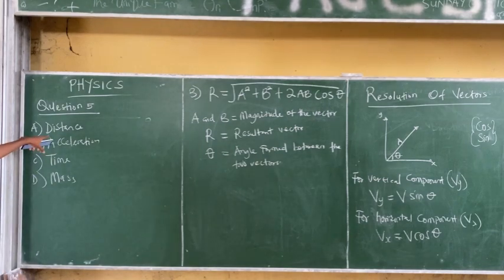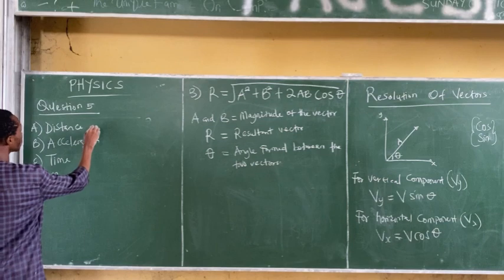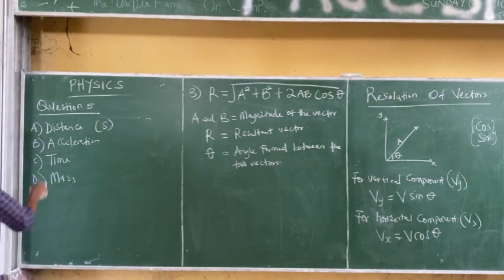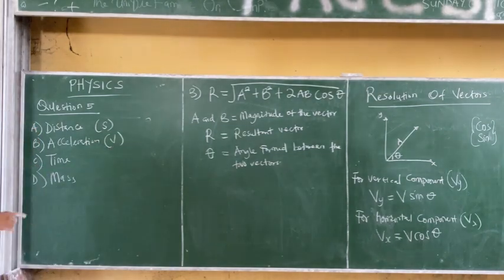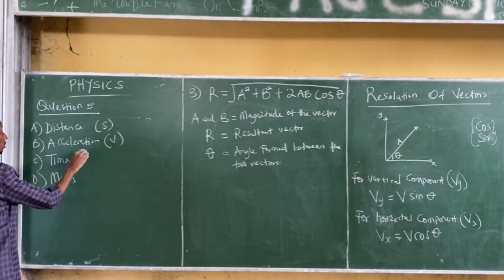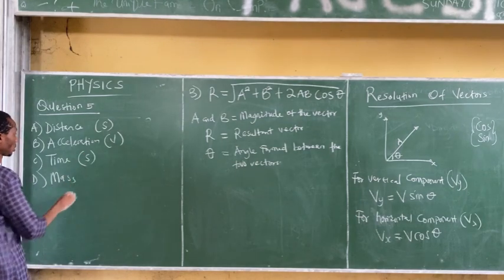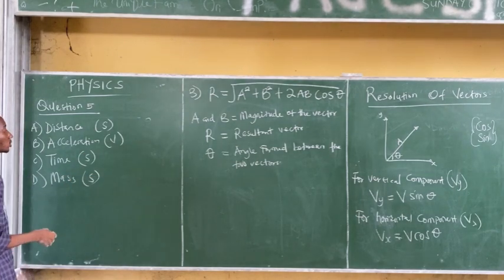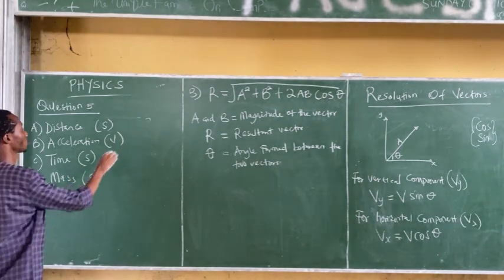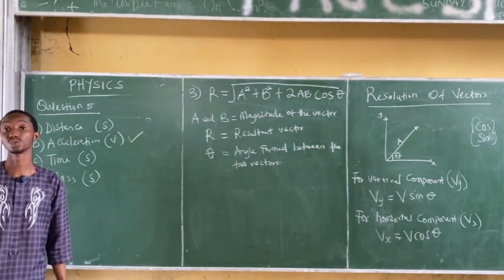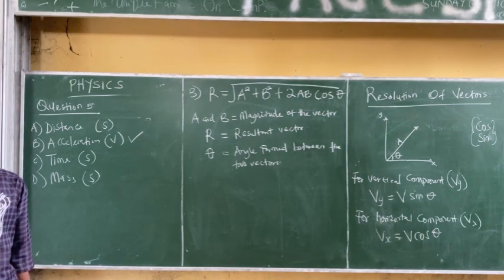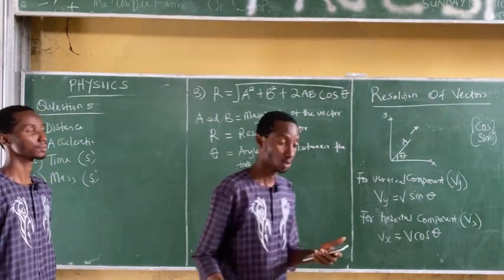Distance is a scalar quantity. It has only magnitude but no direction. Acceleration here is a vector quantity because it has both magnitude and direction. Time is a scalar quantity. Mass is also a scalar quantity. So the correct answer is option B, acceleration, because acceleration has magnitude and direction. Therefore, it is a vector quantity.